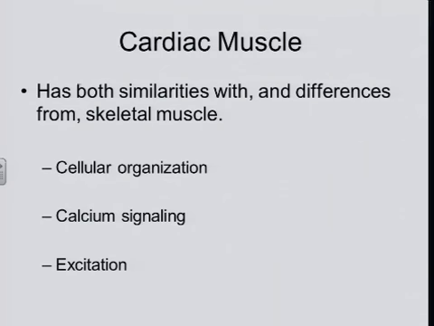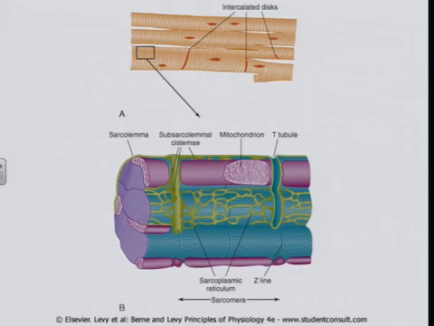So there are differences in the way that it's using its calcium signaling, and then it is very different in how it excites the tissue. Your heart is not the same as skeletal muscle in how it's excited. Now, we'll go over later, but your heart will beat all by itself, whereas skeletal muscle actually requires some sort of input.